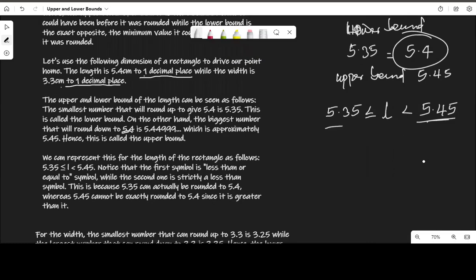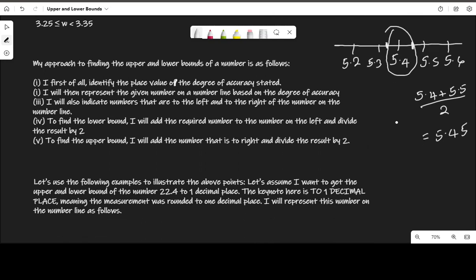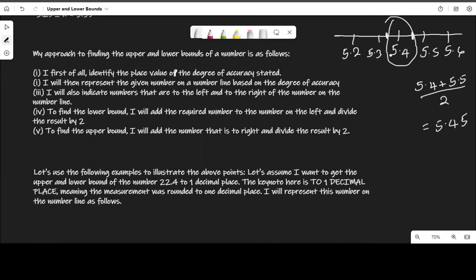Then to get the lower bound, we add the number again to the next number to it, which is 5.3. So the lower bound is the number in between 5.3 and 5.4. So take the average of 5.3 and 5.4. Let's do that again: 5.3 plus 5.4 and divided by 2.